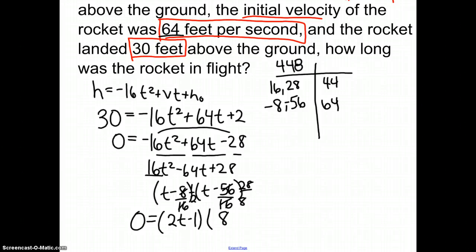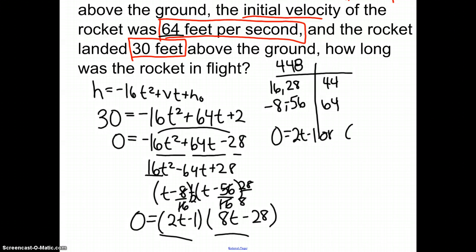And then multiply 8t minus 28. And then when we learned how to solve equations for variables, I can set both terms equal to 0. So I have 0 equals 2t minus 1, or 0 equals 8t minus 28.